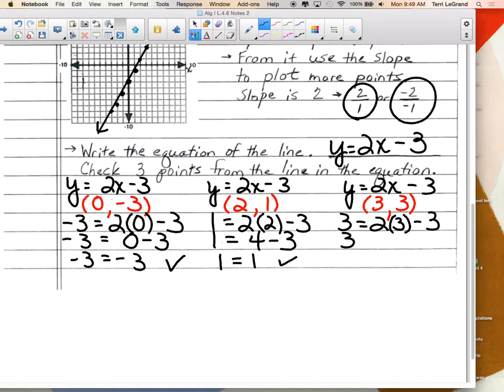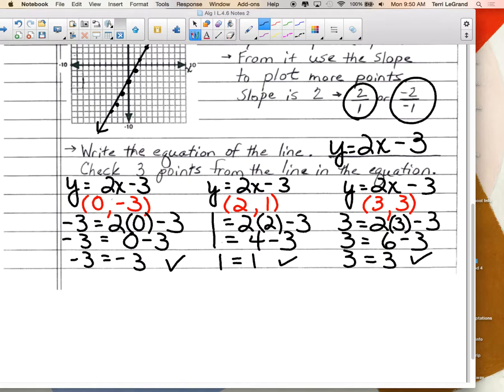So 3 equals 6, take away 3. 6 take away 3, class is? 3. They all 3 check out. How many others should check out? All of them. Well, how many are there? Infinity. There's an infinite number of solutions for this equation, for this line. There's an infinite number of points.